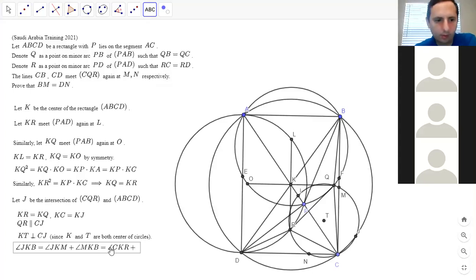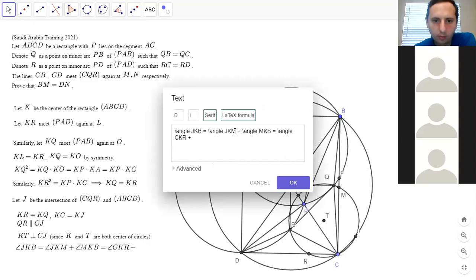Wait, hold on a sec. So this is JK, oh, JKQ plus QKB. Yeah, that's what you're saying. And then JKQ is CKR plus CKQ, and that will be RKQ, which is angle RKQ.